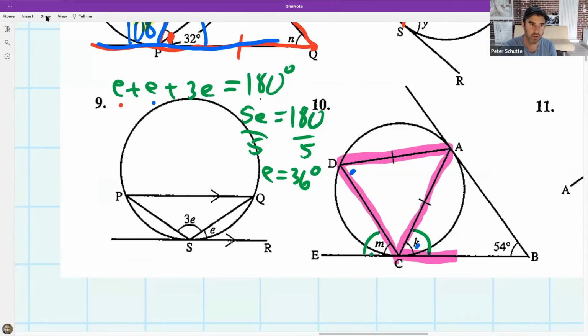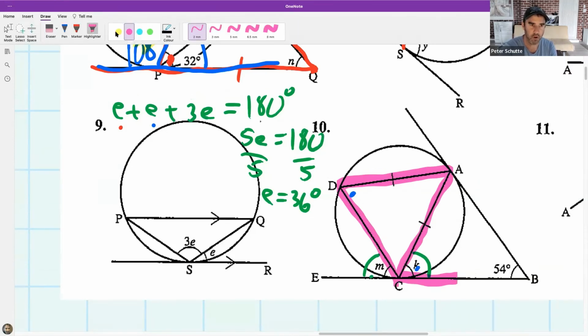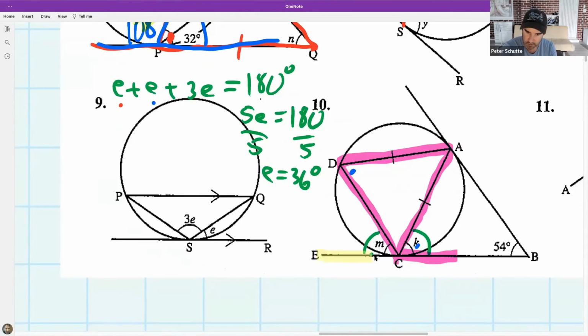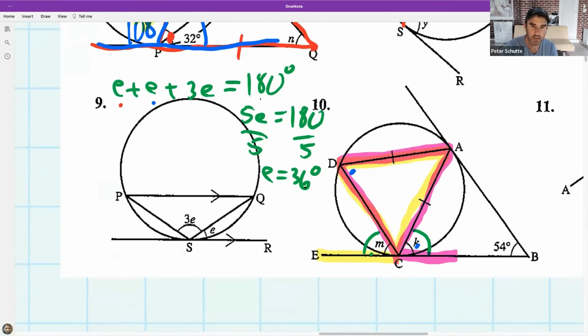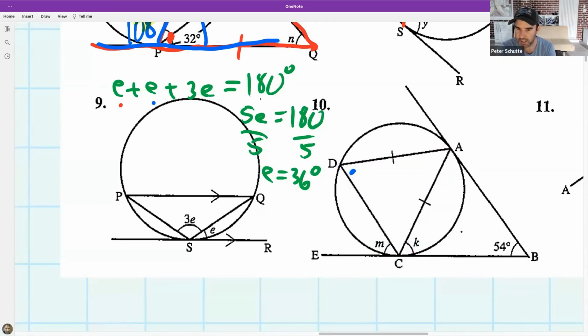And there's also going to be a relationship between that one and that one. I'm going to use all my colors today. So how can I use those pairs? The only angle I've got is this 54 down here.